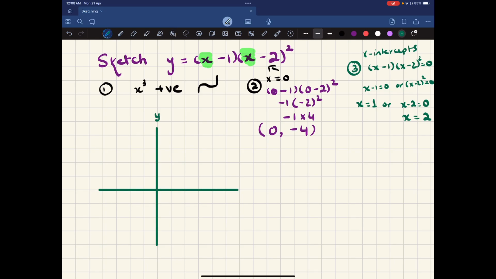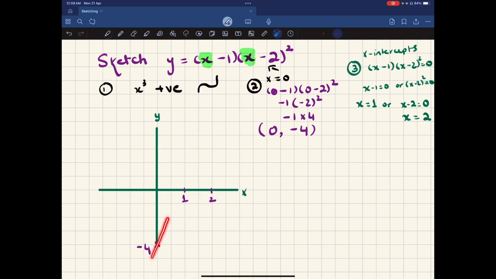Okay, so y-axis, x-axis. Let's plot the point 0, negative 4. So negative 4 somewhere here, and 1 and 2. So 1, 2. Now let's see. It's a maximum minimum curve.